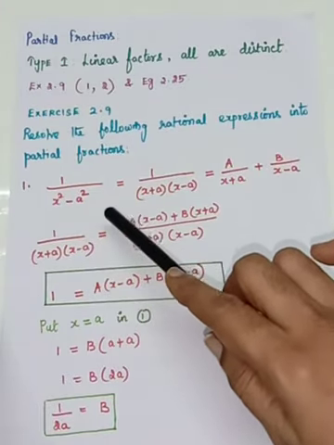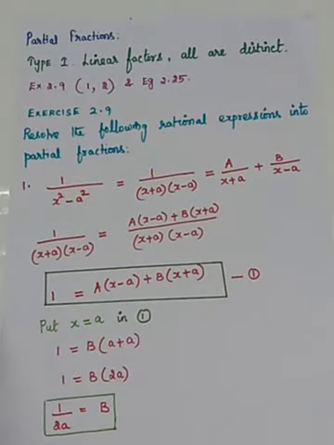The first step of partial fractions is you have to check the degree of the numerator and the denominator. The degree of the numerator is less than the degree of the denominator.